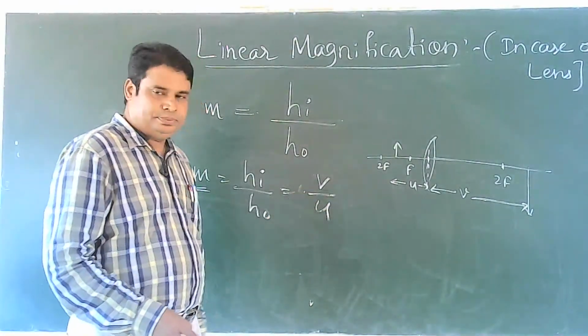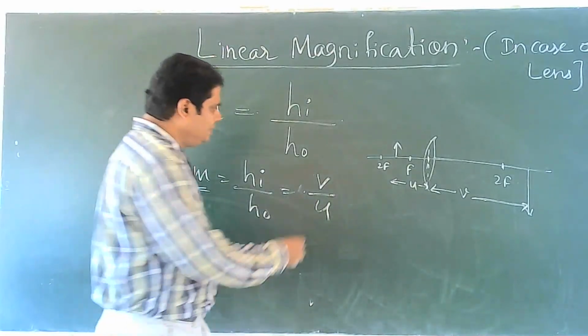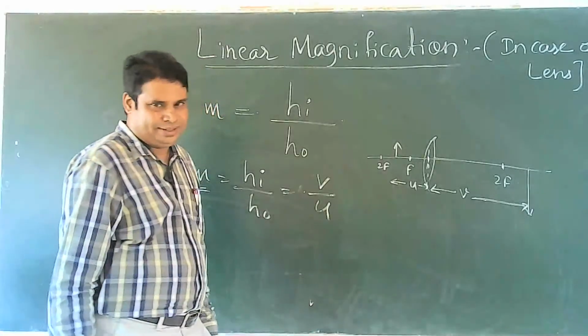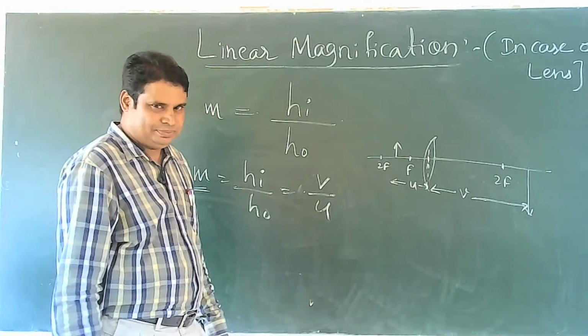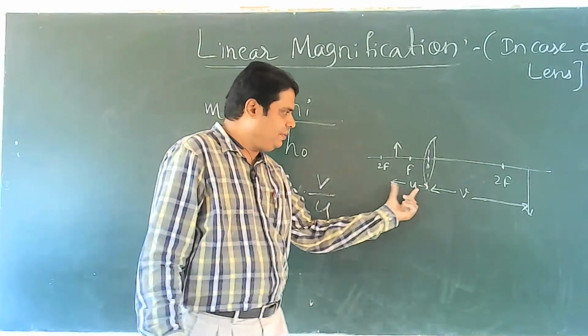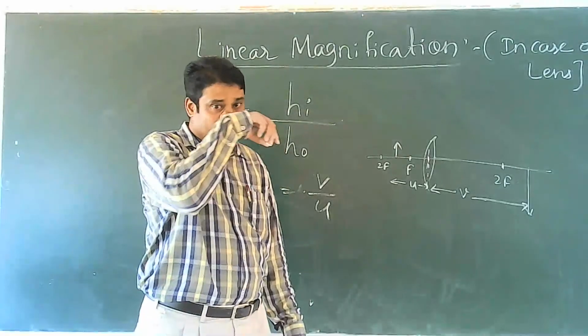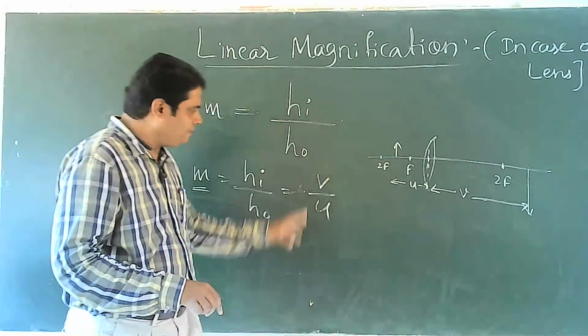This is V, this is U. V is greater than U, but the image distance V is positive and the object distance U is negative. So the magnitude of M is greater than 1.